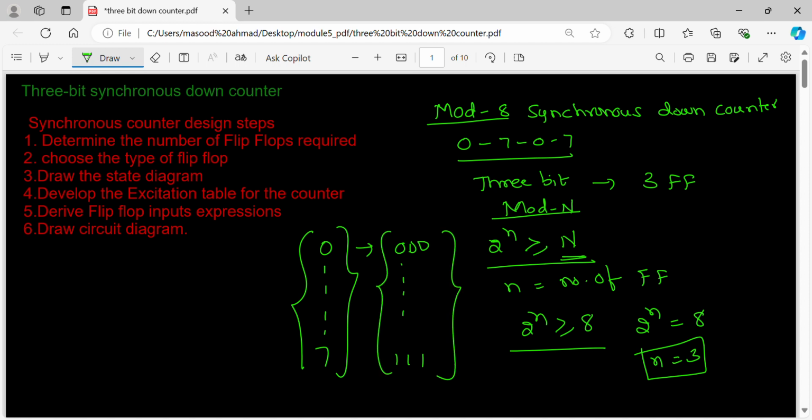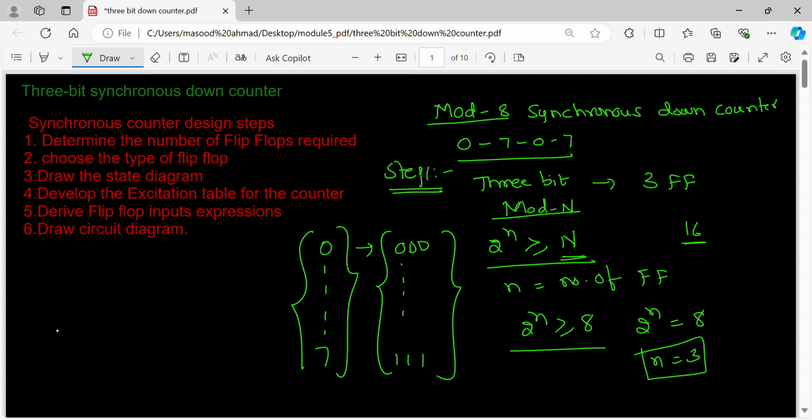So with 3 bits I can distinguish 0 to 7, totally 8 different states, and with 4 bits 16 different states. Likewise, based on your counter design requirement, we need to calculate the number of flip-flops. This is step number 1.